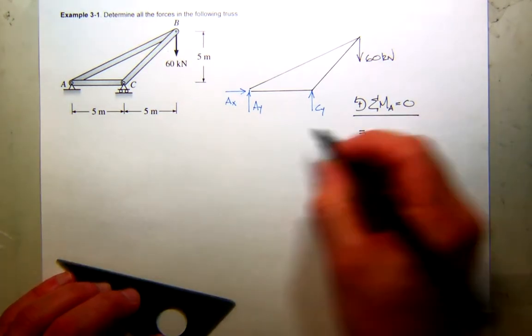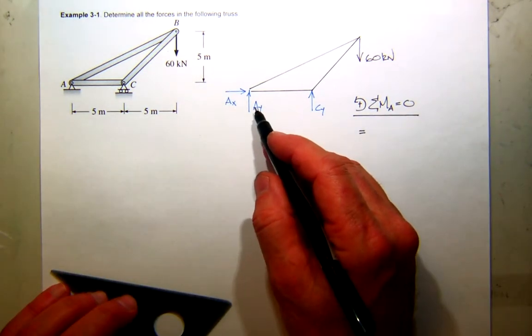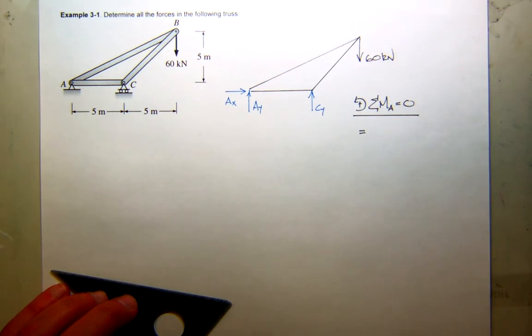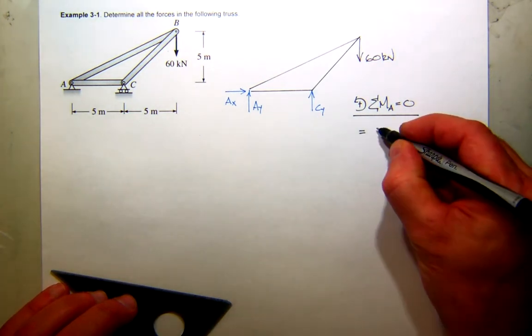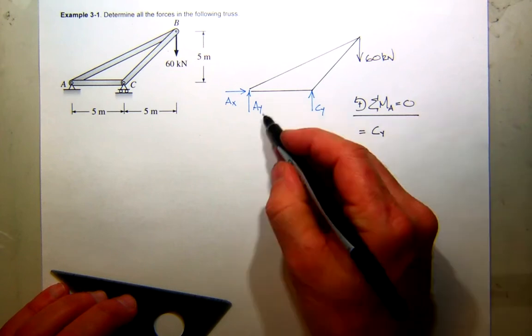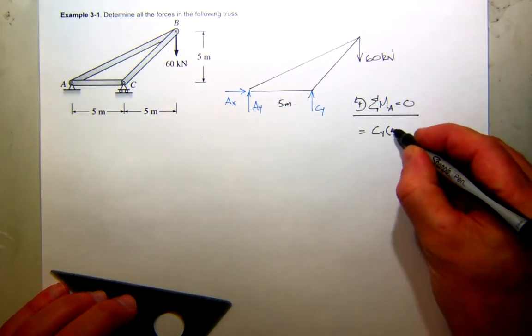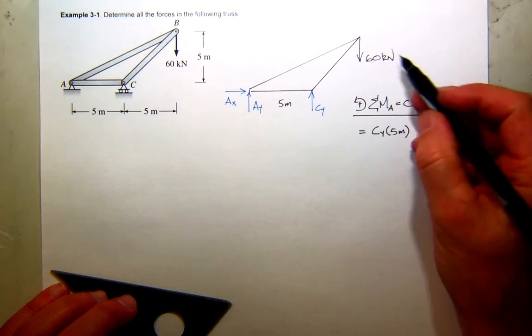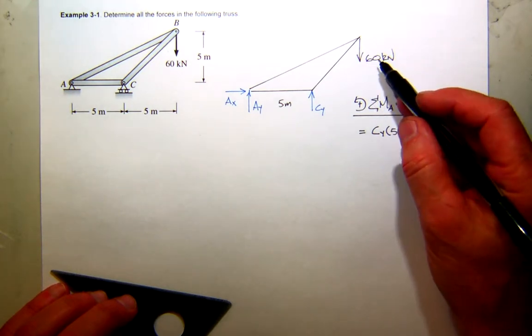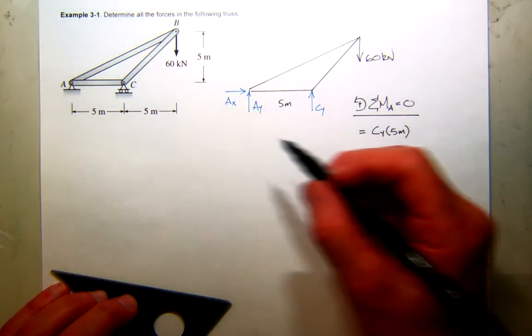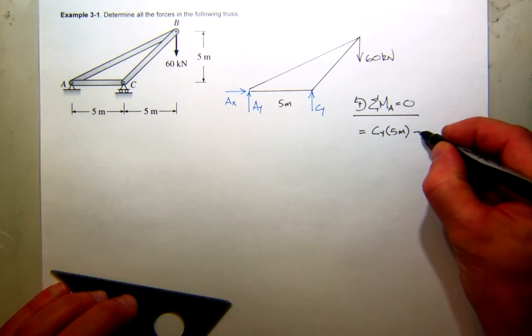So let's do that. Summing moments at A, CY creates what kind of moment about A? Positive or negative? Positive. So the force is CY, and what's the distance? This is 5 meters. And then I have the applied force, 60 kilonewtons, about A, positive or negative moment? Negative.